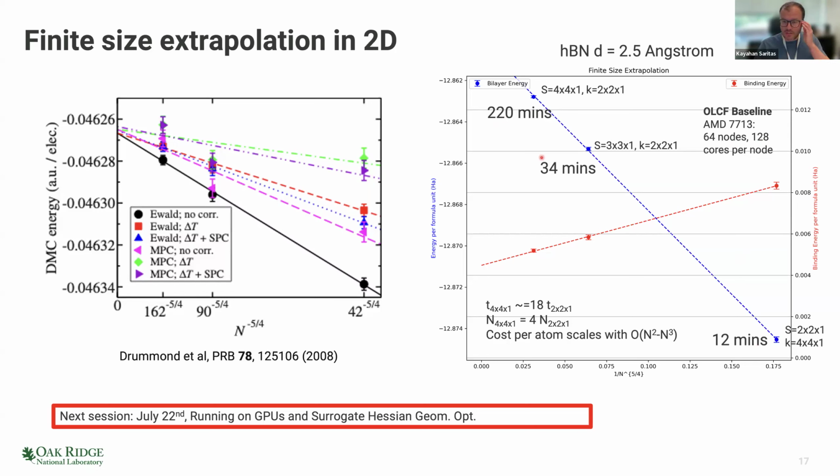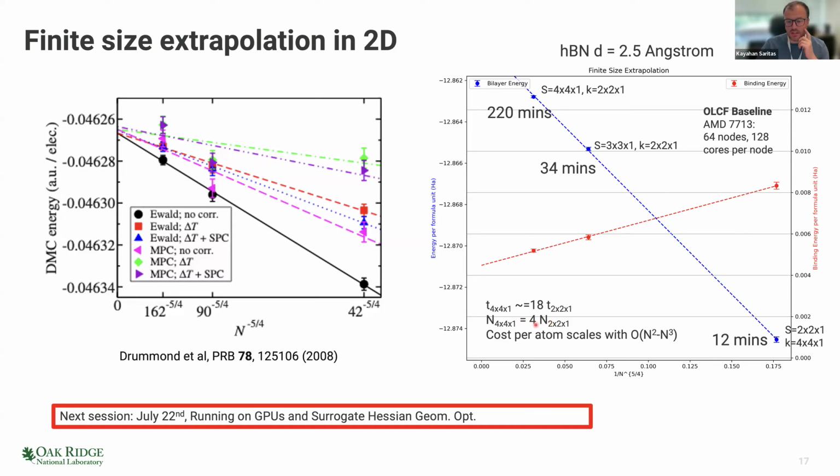If you take the ratio of the wall time needed for these two calculations, you have about an 18 times difference in the time required. The system sizes between these two, 4x4x1 versus 2x2x2, differ by about a factor of 4.